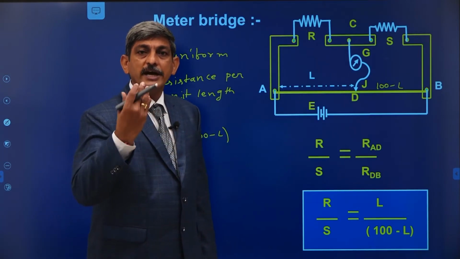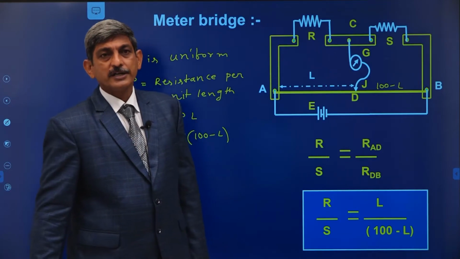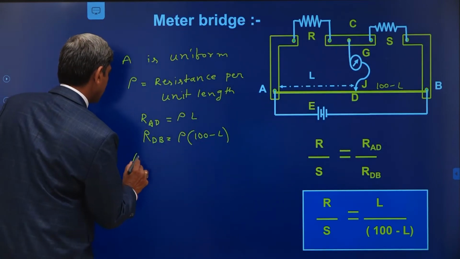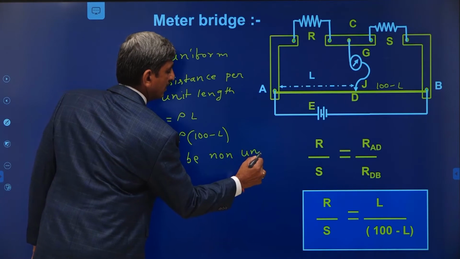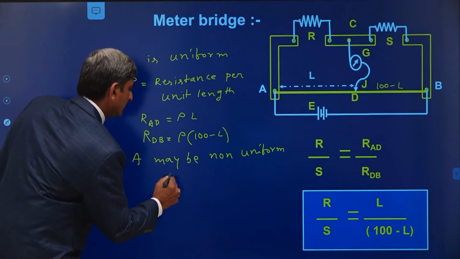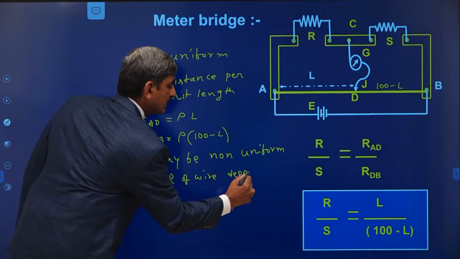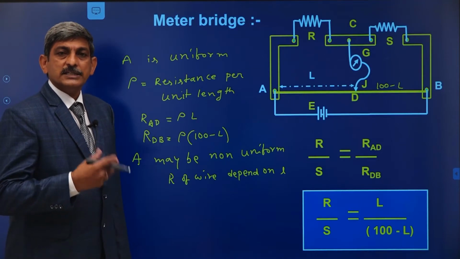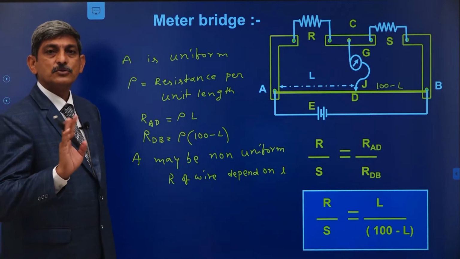But if we go to the problems in the higher standard, if suppose we see the problems in the JEE standard, the Meter bridge wire may have a non-uniform area of cross section, and the resistance of the wire may depend on L. In this case, simply RAD is equal to rho L, RDB is equal to rho of 100 minus L should not be used.